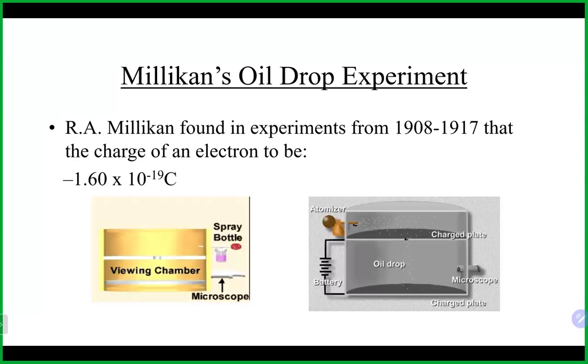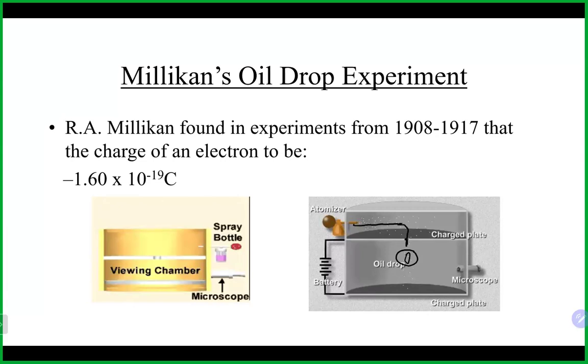Basically shot oil droplets into this chamber, had a little hole, and they would start to fall based on gravity, but this chamber had an electrical field, and it would pick up a charge as it's falling, these oil droplets. And what Millikan was able to do was to adjust the electrical field in such a way that the oil droplet basically just hung there. It didn't go up, didn't go down, just kind of hung there.